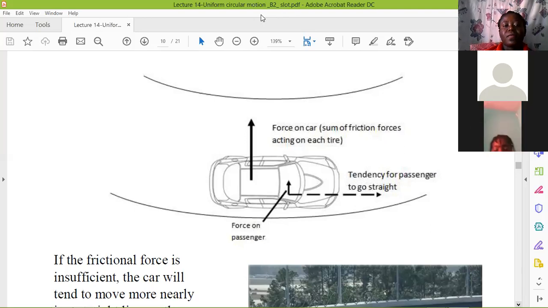If an object is moving in circular motion, like a car, and you are inside that car, you really don't feel that force.